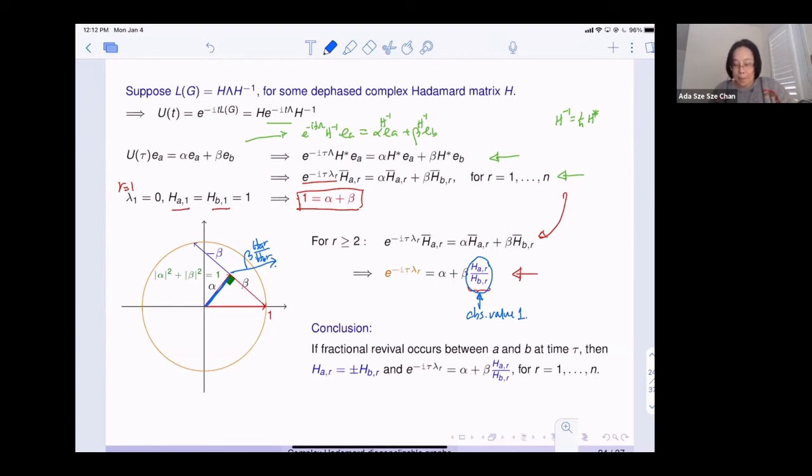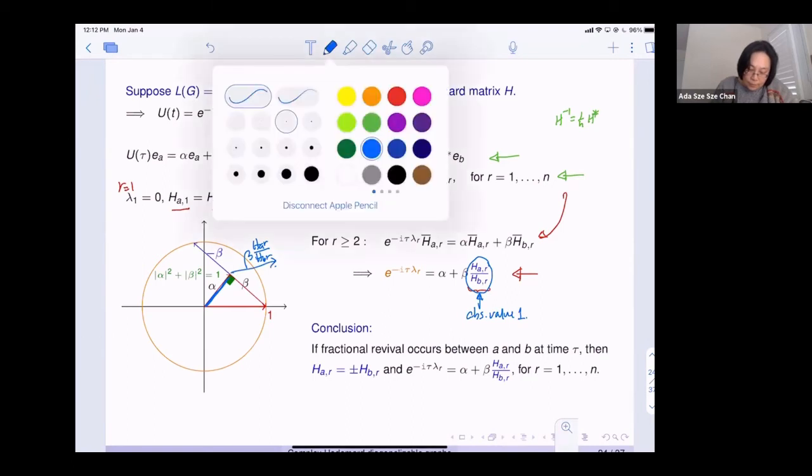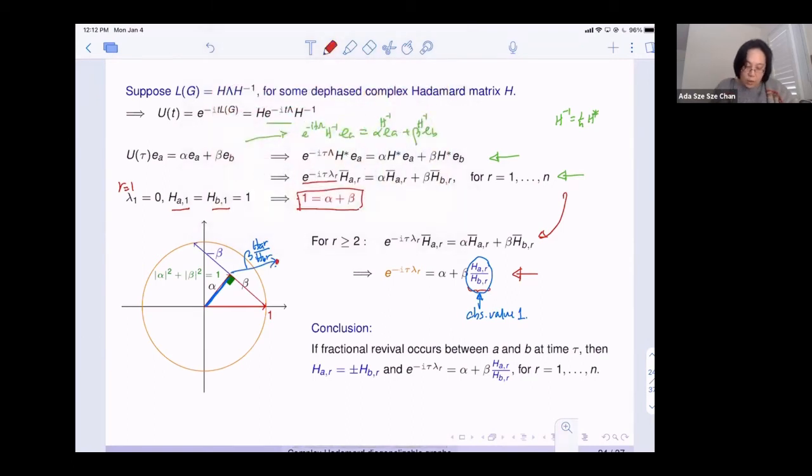Okay, but then the left-hand side of this equation tells me that this sum here has absolute value 1. This number is e to the minus i tau lambda r. So I would expect this point here to be on the unit circle.